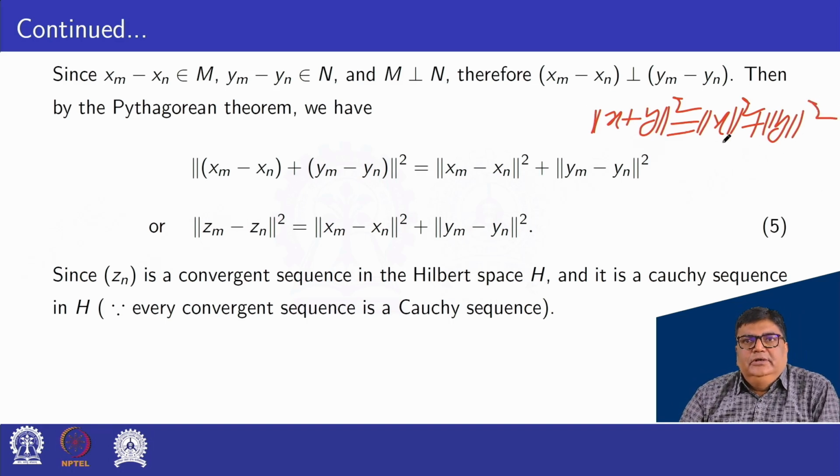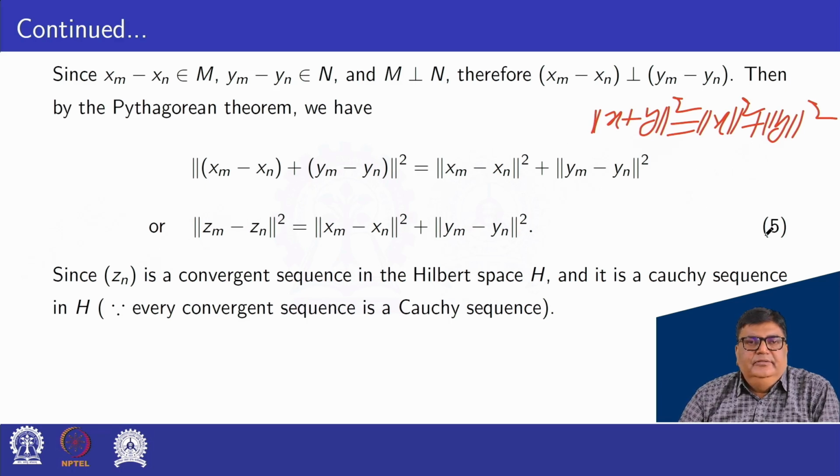So using this formula, the square of the norm of Xm minus Xn plus Ym minus Yn equals the square of the norm of Xm minus Xn plus the square of the norm of Ym minus Yn. Or this can be written as the square of the norm of Zm minus Zn equals this right side.